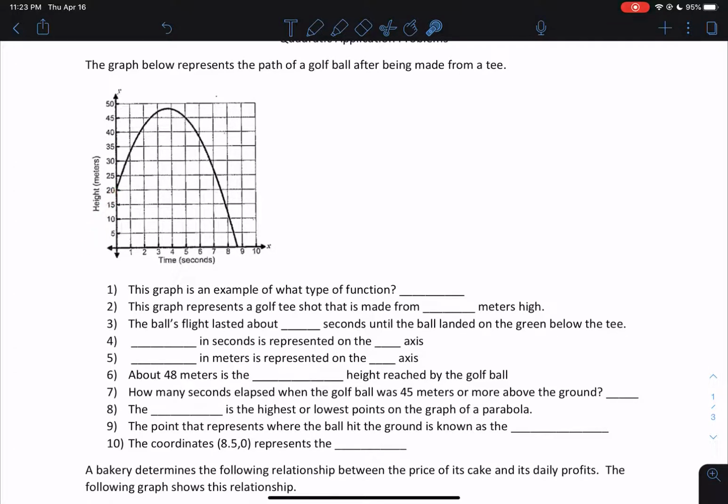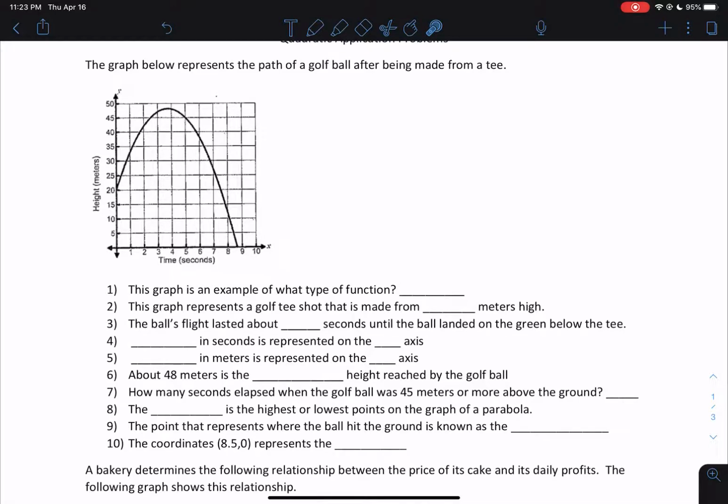It's stretched. We see that it's counting by fives. So there were a couple of modifications, but this graph is going to help us answer a couple of questions, and these are real life applications.